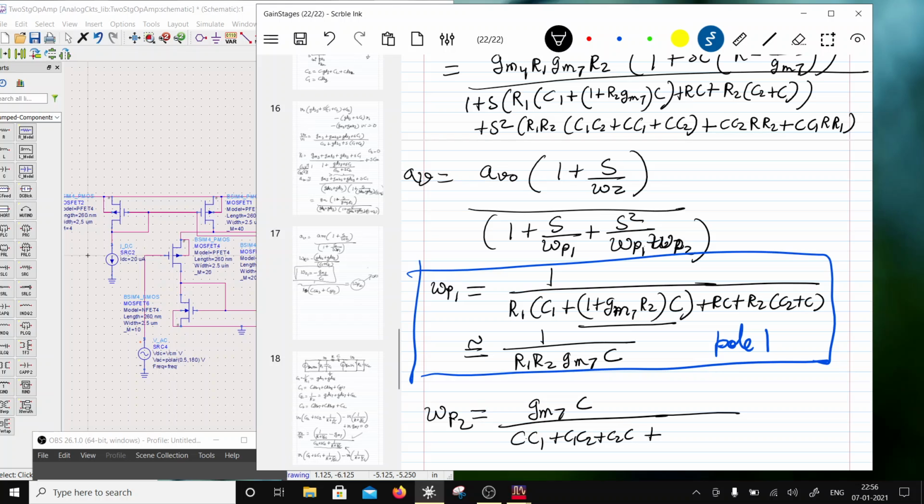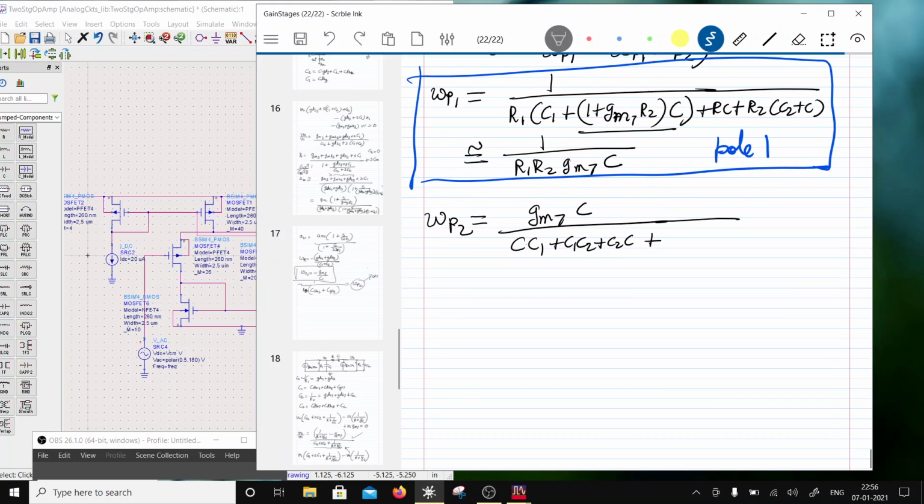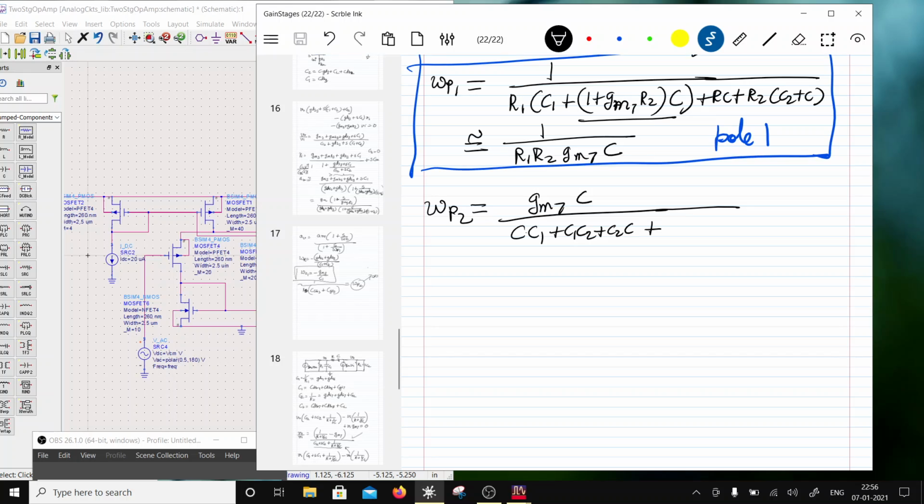So R2 will cancel out R1. R by R1 C2, isn't it? Yeah, R by R1 C C2, and similarly I will have C C1, R by R1 C C1 plus R by R2 C C2.